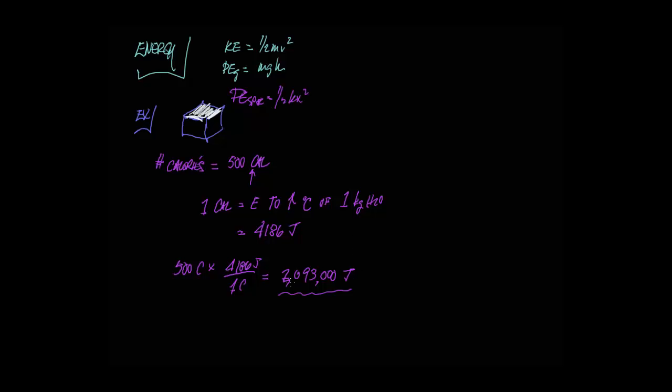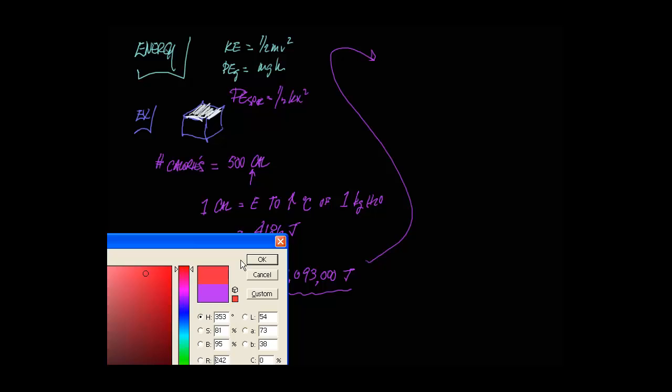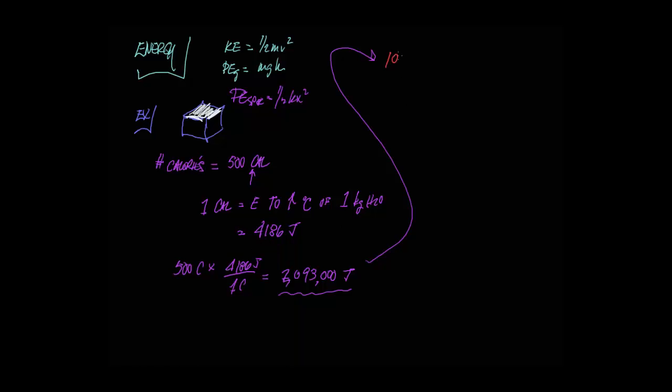And if we took all that energy, let's say we could take all that energy, and with a 100% conversion or efficiency, we push it right into raising my body vertically.